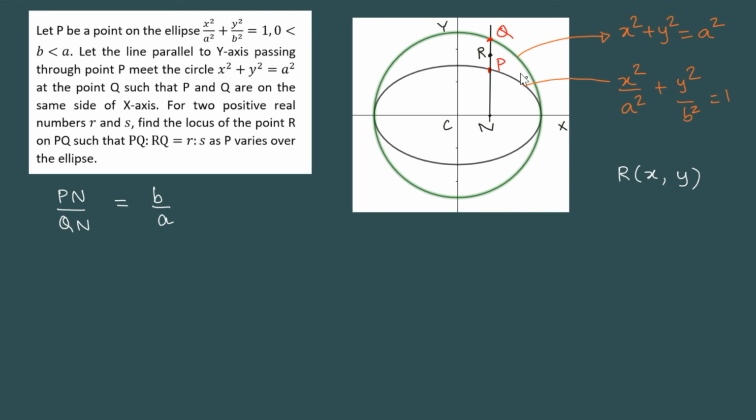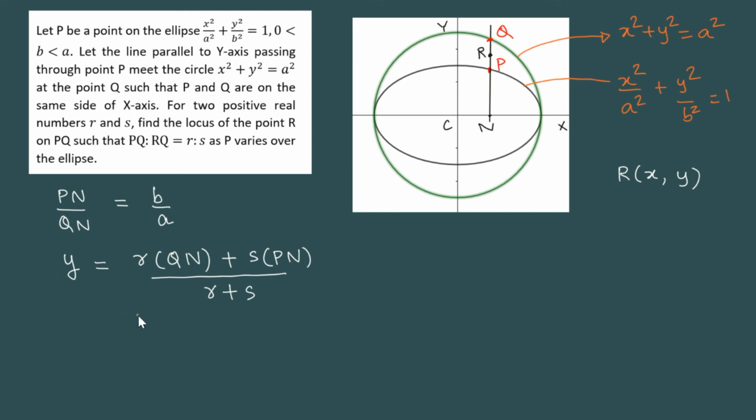Because R divides these two points in the given ratio R is to S, I can write y as R into the y coordinate of Q, which is QN, plus S into the y coordinate of P, which is PN, and then divided by R plus S. This is just the section formula that I'm using.